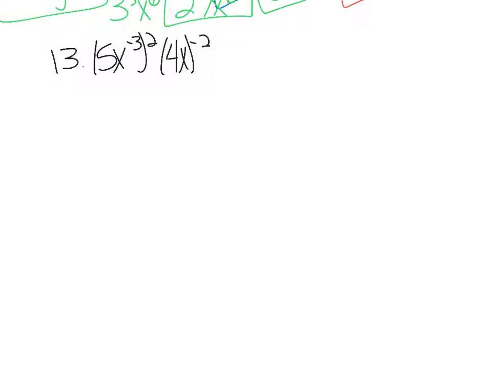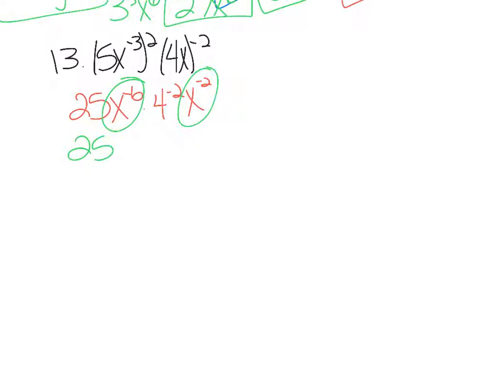So when I take 5 squared, I get 25. X to the negative 3rd squared, you multiply, you get x to the negative 6th. When I take 4 to the negative 2nd power, not something that I can probably do in my head, so I'd probably just keep it as 4 to the negative 2nd power, and then we have x to the negative 2nd power. What I would probably do next, I'm recognizing that I have x to the negative 6th and x to the negative 2nd, so we can do 25 times 4 to the negative 2nd.